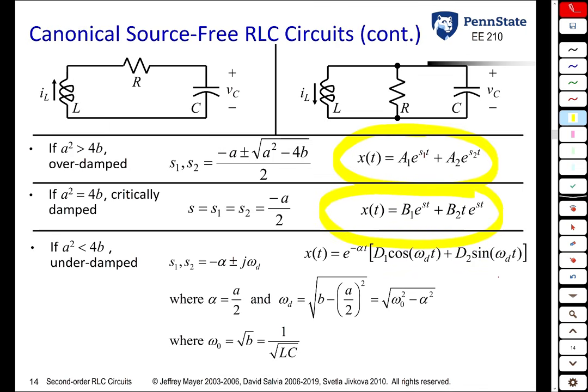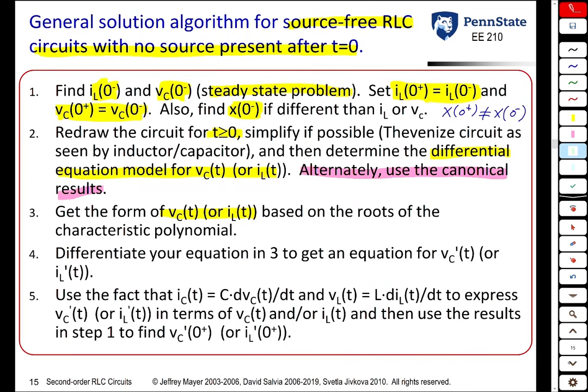And if the roots are complex conjugates of each other, we get this underdamped situation. Notice in each of these, we're going to have two unknowns, either A1, A2, B1, B2, or D1 and D2. So step 4 and 5 are related to finding those A1, A2, B1, B2, and D1 and D2.